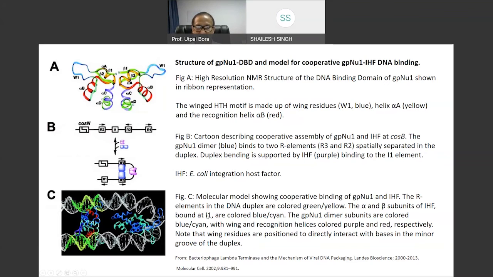The R elements in the DNA duplex are colored green and yellow. The alpha and beta subunits of IHF are colored blue and cyan. The GPNE1 dimer is colored blue and cyan with wings and recognition helices colored purple and red respectively.